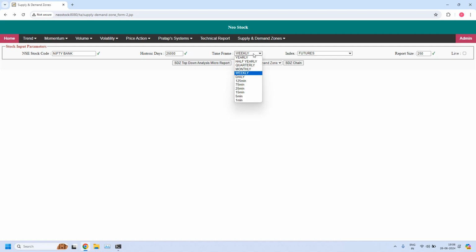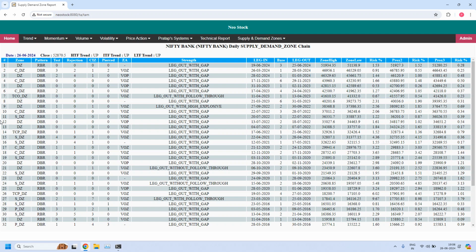And next time frame, daily time frame. Yesterday a daily demand zone was created. Okay, I am going back.